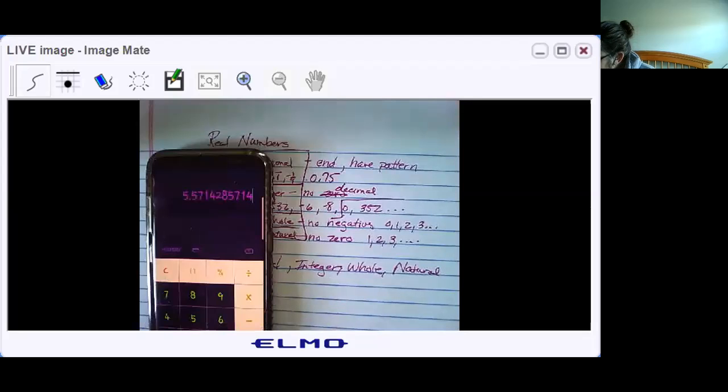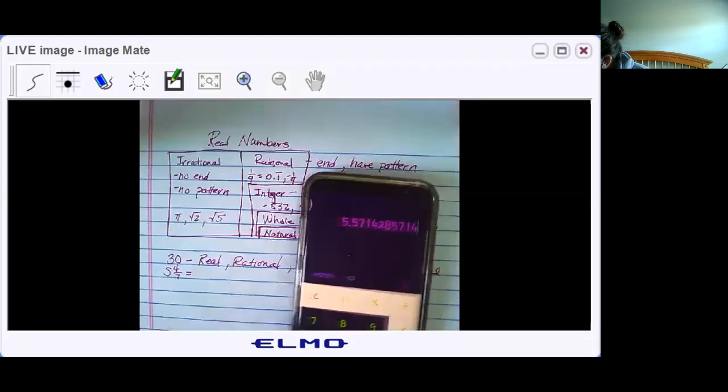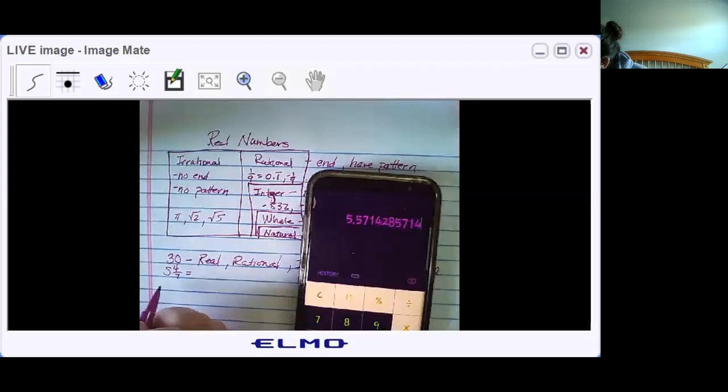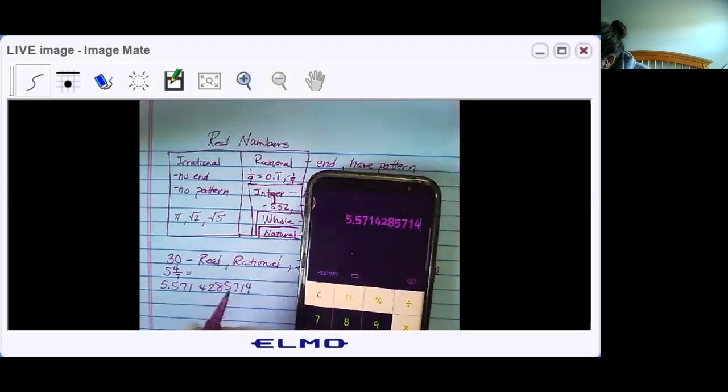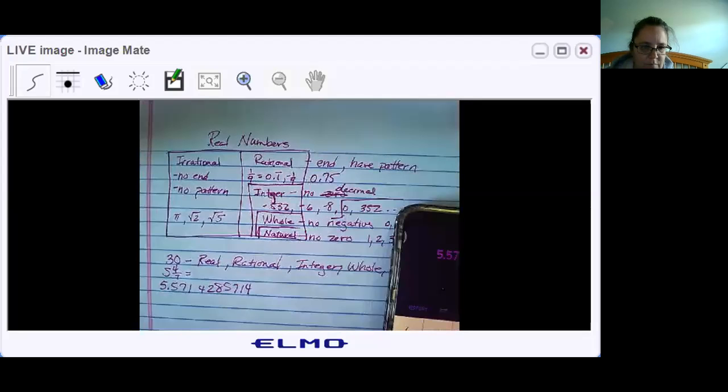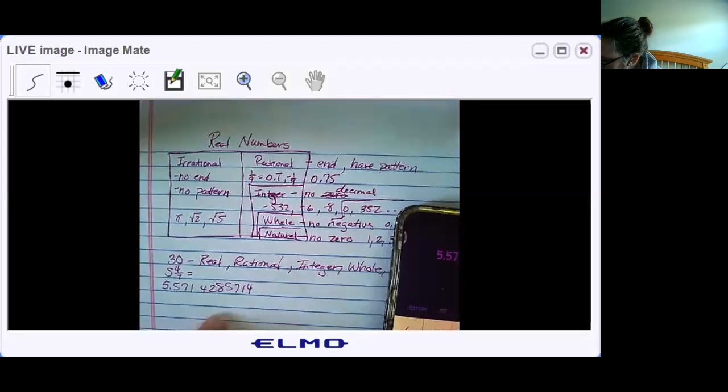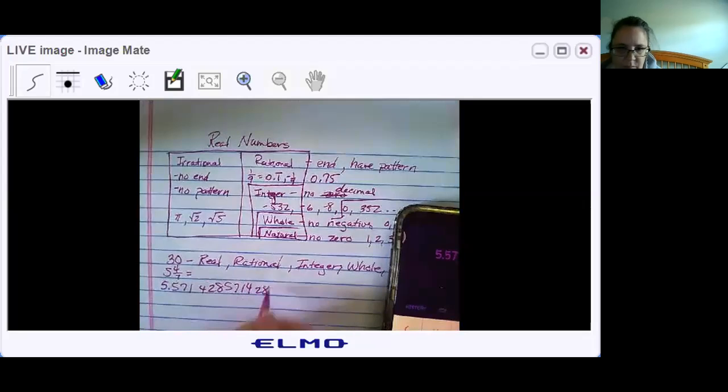Oh, wow. Do I have a pattern there? This is 5.5714285714. Now, do you see a pattern? If my calculator kept going, would I have a 28 here?